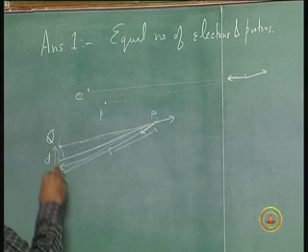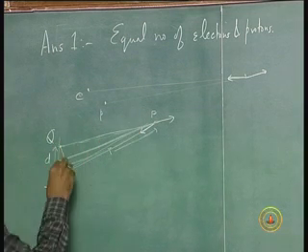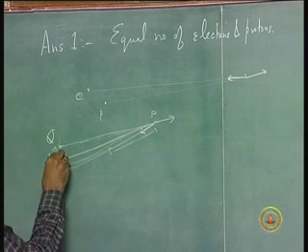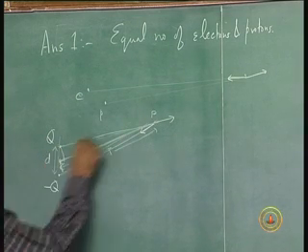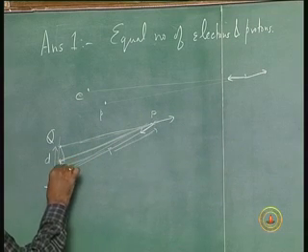Well, we can draw perpendiculars and see that this distance is equal to this distance plus a little extra, whereas this distance is equal to this distance plus again a little extra.